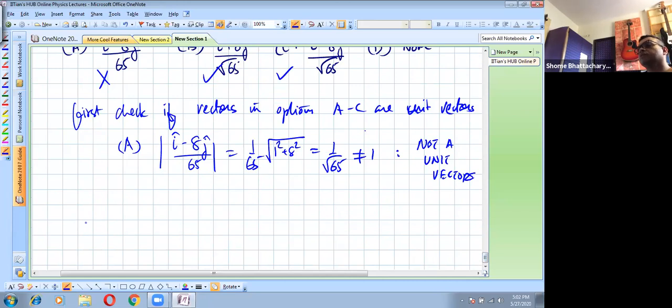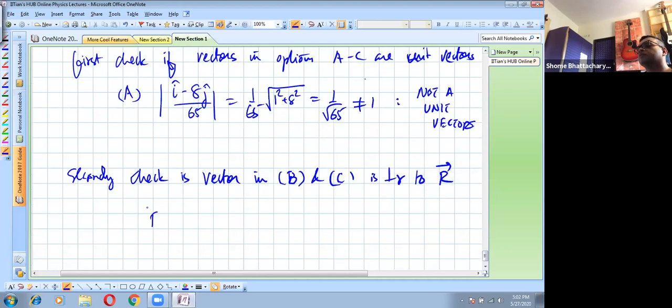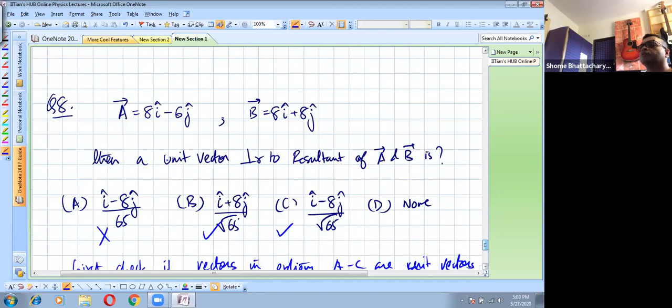But now also check, secondly, check if the vector in option B and C now, because you ruled out option A. So in option B and C, check if the vector is perpendicular to the resultant, where resultant is A plus B. So resultant of A and B, if you work out, you can see here that the resultant will be 8 plus 8, so that is 16 i cap, minus 6 plus 8, so that is plus 2.